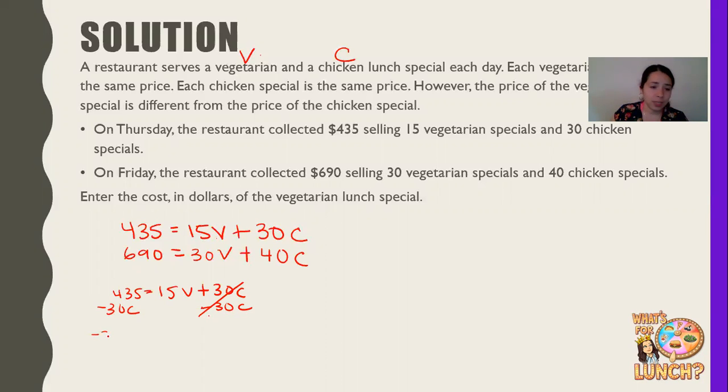And that's minus 30C plus 435 is equal to 15V. Notice I still need to get this by itself, so I'm going to divide each of them by 15. Now, if I plug this into the calculator, this is negative 2C. Then 435 divided by 15 gives me 29.